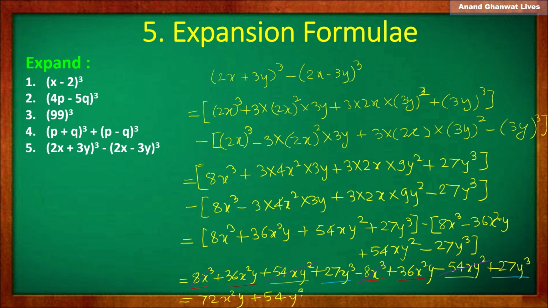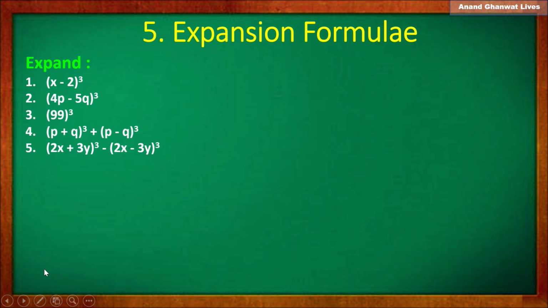So the expansion of the cube of 2x plus 3y minus the cube of 2x minus 3y is 72x square y plus 54y cube. So in this way we have solved some examples based on the expansion of the cube of a plus b and the cube of a minus b. So I hope that you all understand. Okay, thank you.